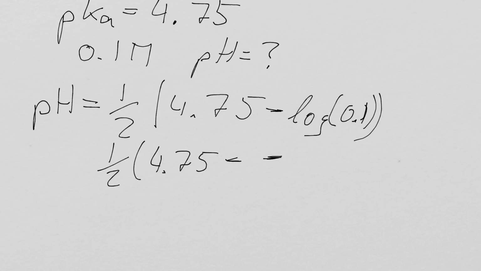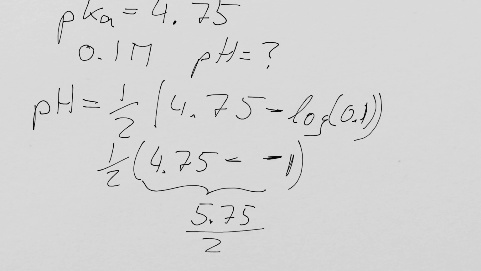Minus 1. This gives us together 5.75. And we want half of that. So that gives us 2.875. Or in this case, we would probably round it to 2.9. Yeah? That makes sense?